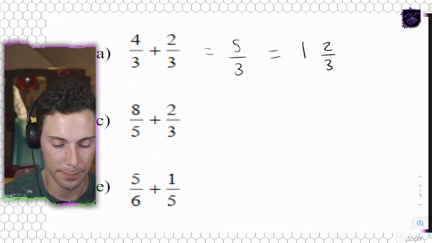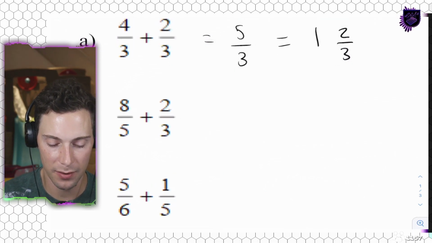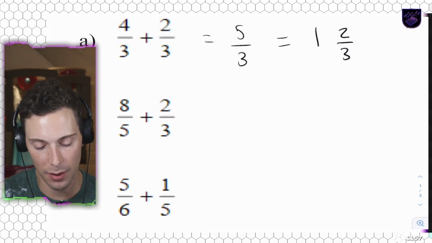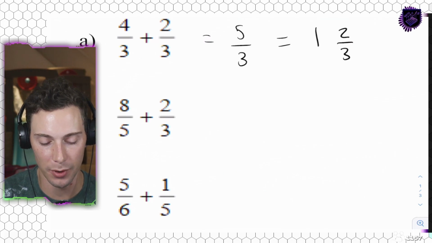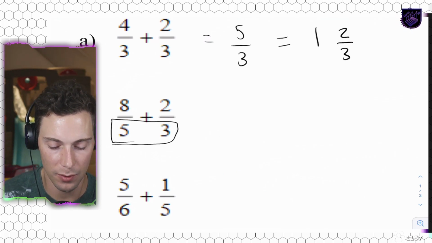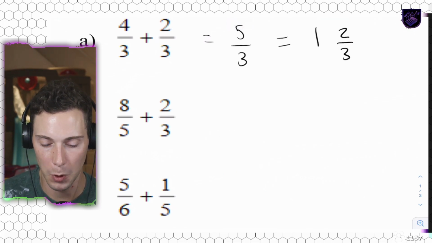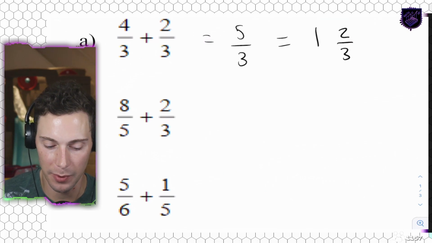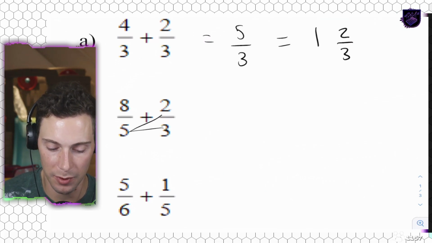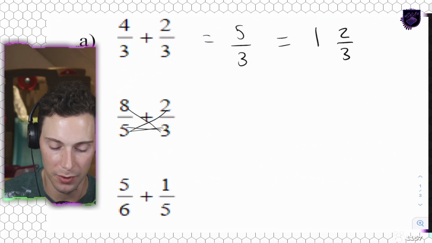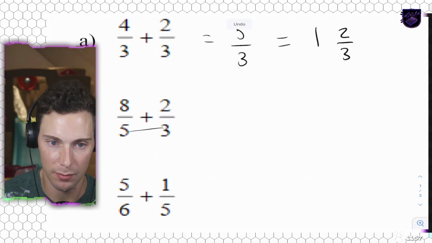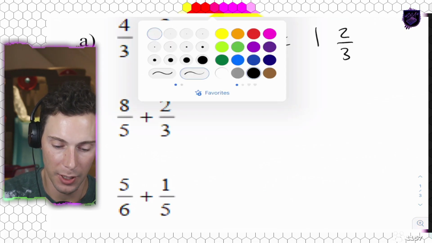Question C, 8/5 plus 2/3. Now, the lowest common multiple of these two numbers, of our denominators, 5 and 3, lowest common multiple is going to be 5 times 3. We have to sort of do, it's called cross multiplying. We're going to multiply each fraction by its partner.